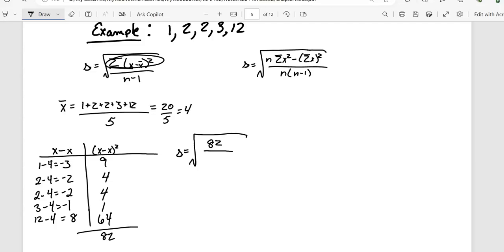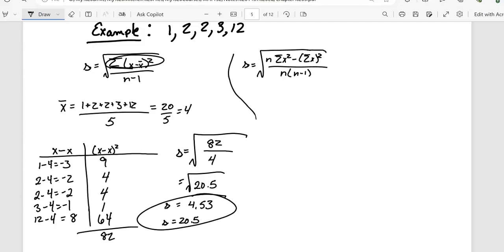So I get 5 minus 1, which is 4. So 82 divided by 4 is 20.5, and then the square root of 20.5. I'm using my calculator over to the side. It's about 4.53. So I'd say my standard deviation is 4.53. My variance would be the 20.5. It's that stuff under the radical.